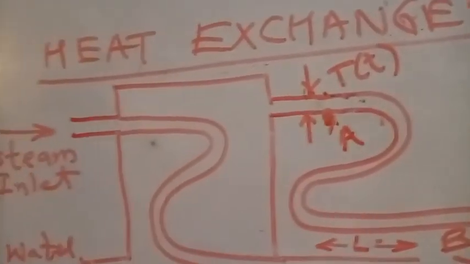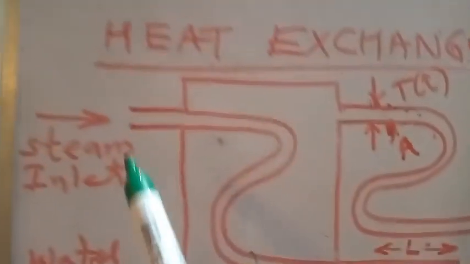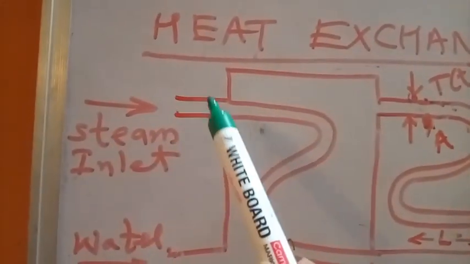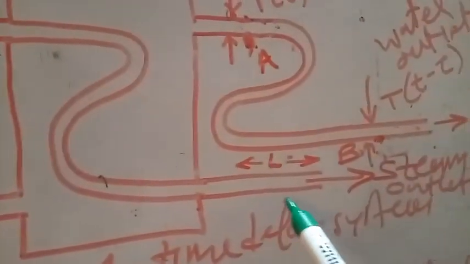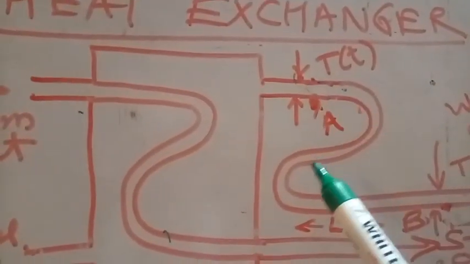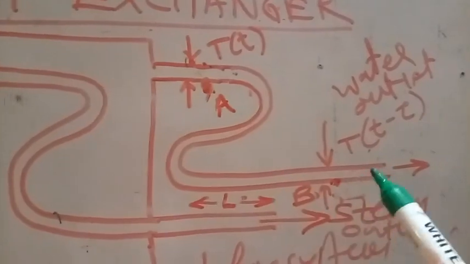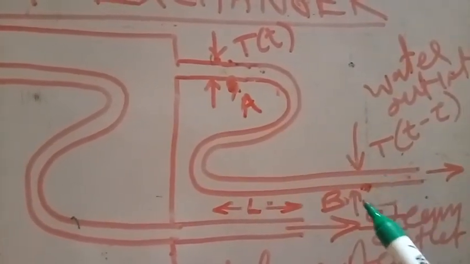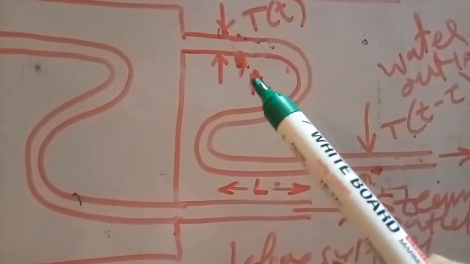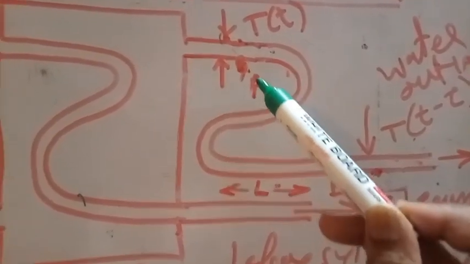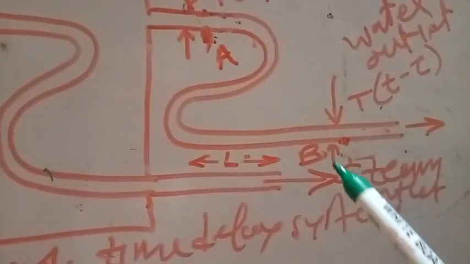So this is a diagram of a heat exchanger. In this heat exchanger there is one tank, and this is the steam inlet, the steam outlet, similarly the water inlet and water outlet. The water outlet has two points, point A and point B. We can connect a sensor here and here.